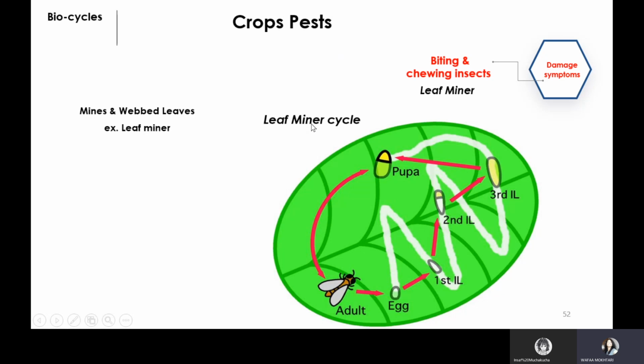So the leaf miner's damaging stage is the larva time. If we know the time of the larva, we know how to act and what kind of treatment to use. And if we know how the larvae look and can diagnose the mines and webbed leaves, we would know that this is a leaf miner.